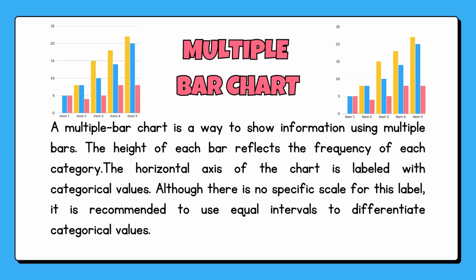Each bar in this chart represents a different category or subgroup. For example, we can see how students' scores differ across gender and course within a specific session. By comparing the height of each bar, we can easily observe the variation in performance.